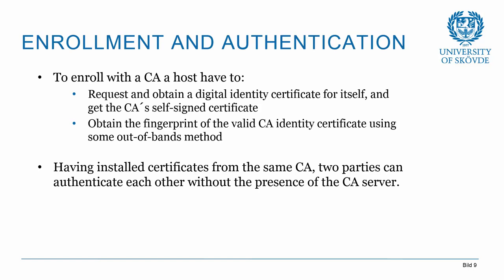Having installed a certificate from the same CA, two parties can authenticate with each other without the presence of the CA server, because they will each have a certificate that is signed by the CA certificate, and they will have the CA certificate so they can validate the other party's identity.